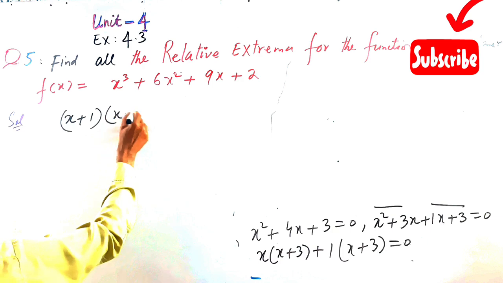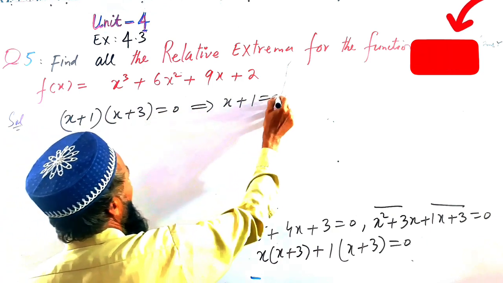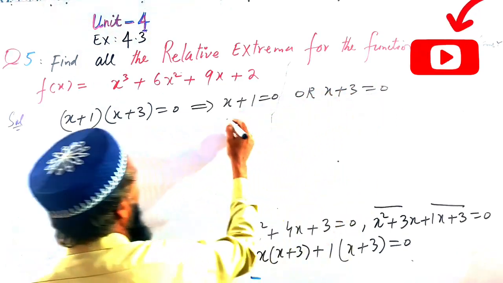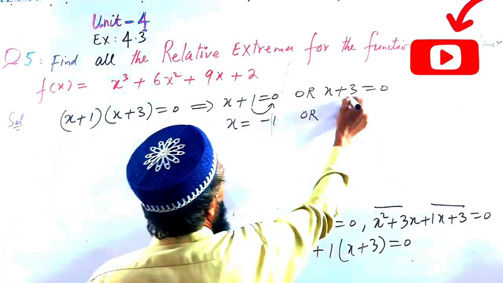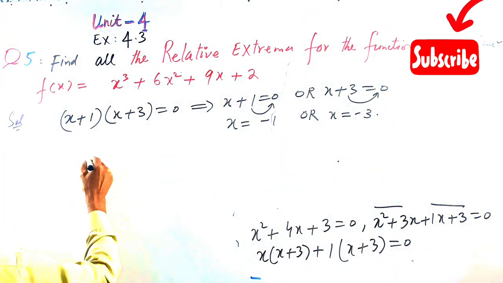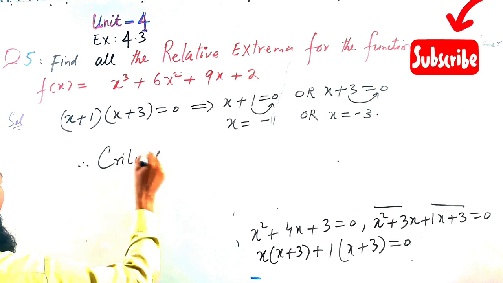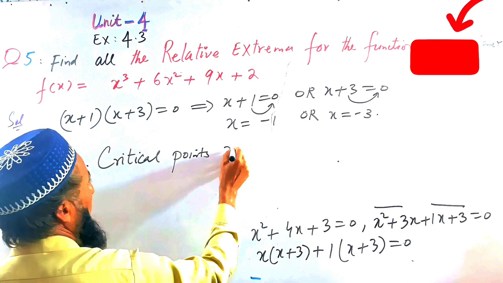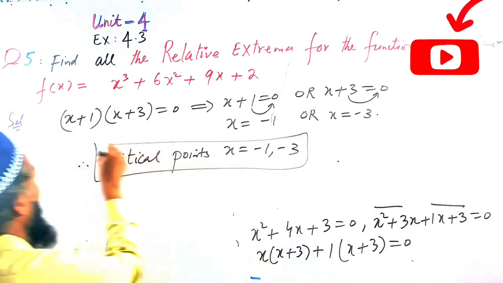So x plus 1 is equal to 0, or x plus 3 is equal to 0. X is equal to minus 1, or x is equal to minus 3. So the critical points are x equal to minus 1 and minus 3. That is the critical point.